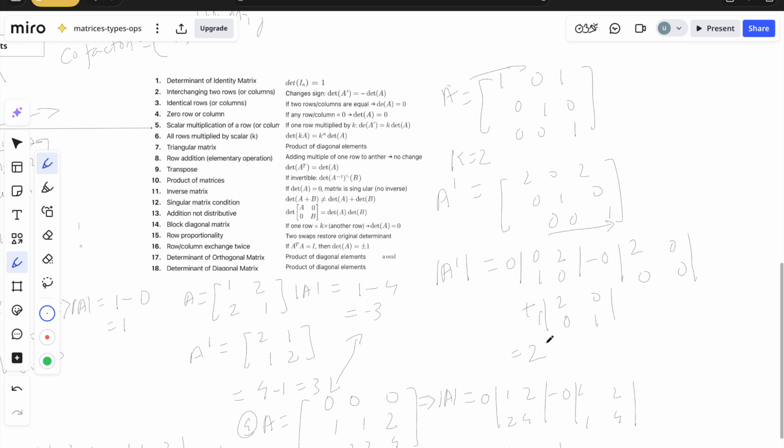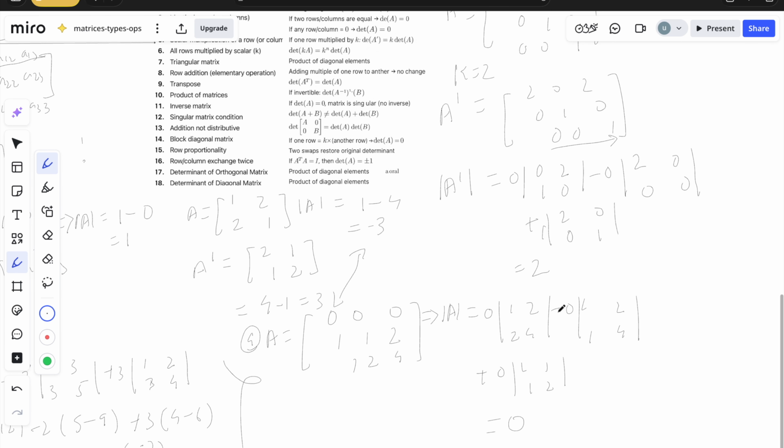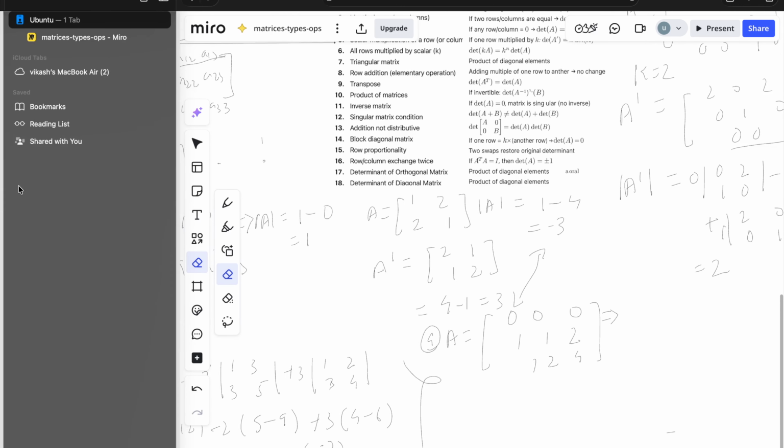Now if we calculate the determinant of A in its original form, let me just clear this up a bit. Right, so we are back here.